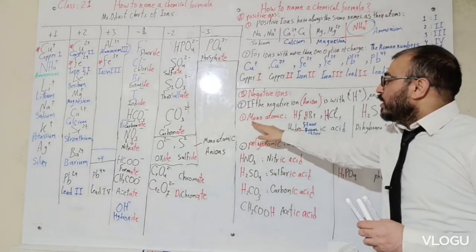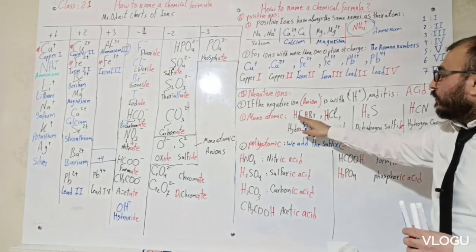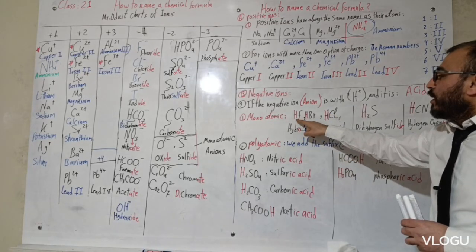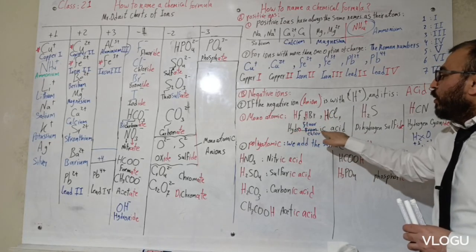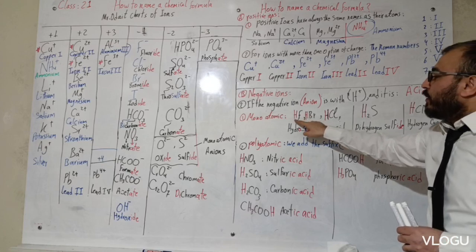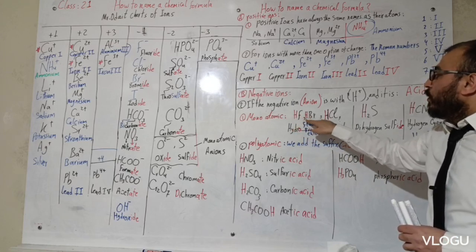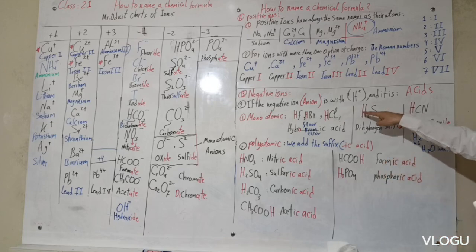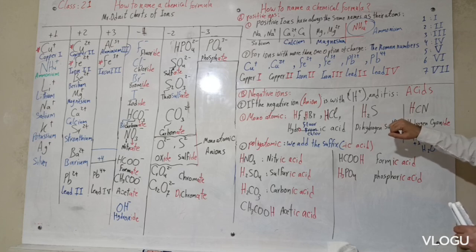If it's a monoatomic ion, like fluorine, bromine, chlorine, we add hydro-ic acid. For example, we have here hydrofluoric acid, hydrobromic acid, and hydrochloric acid. This rule doesn't apply for the other monoatomic anions.